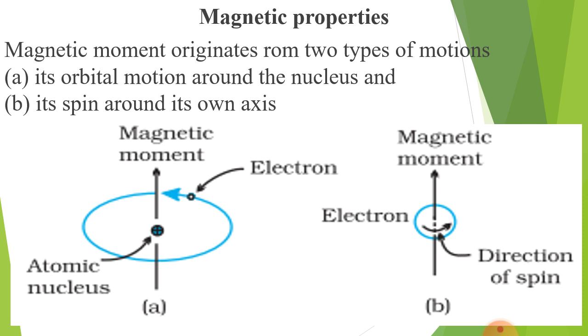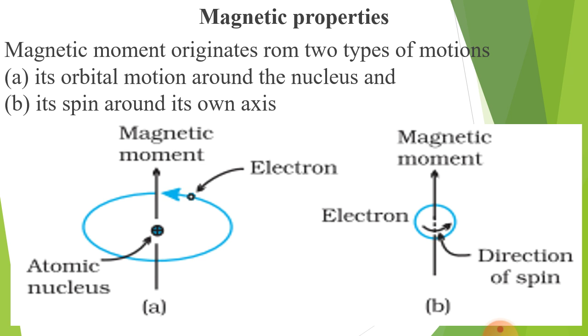Now we have to know the last property, magnetic properties. First of all, we have to know how the magnetic property originates. For this, magnetic property originates from two types of motions. First, its orbital motion around the nucleus.